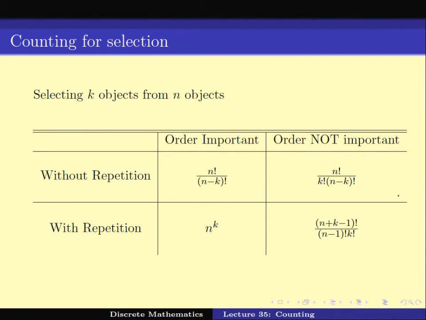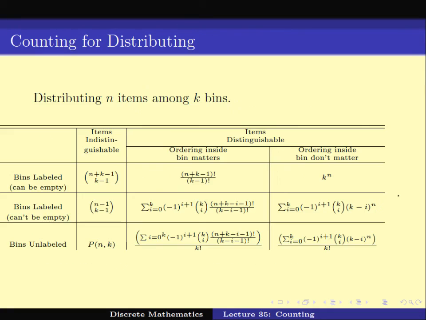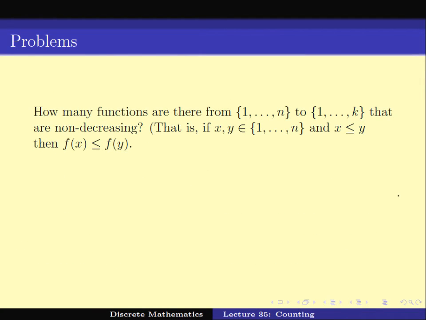Here we are selecting n objects from k objects, with repetitions, and I don't care about the ordering. So in our case it will be this number with a shift. So if I go back to where I started, this is n plus k minus 1 factorial divided by k minus 1 factorial times n factorial.